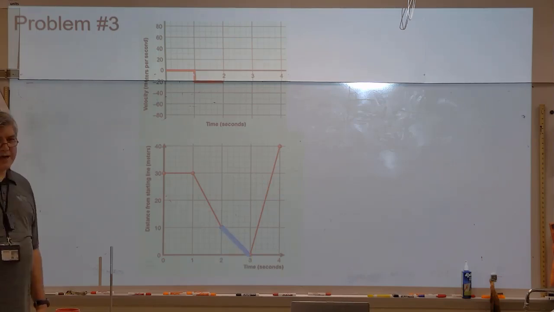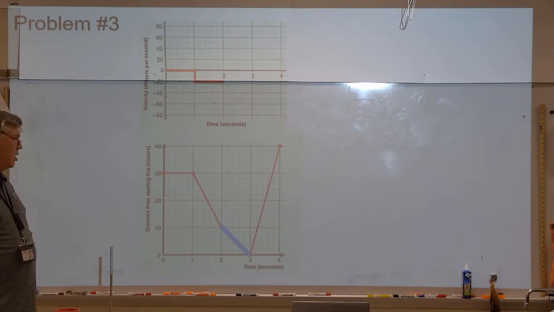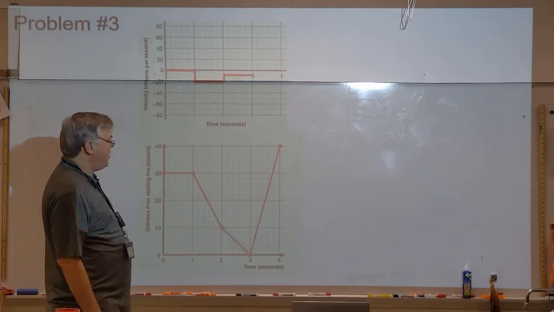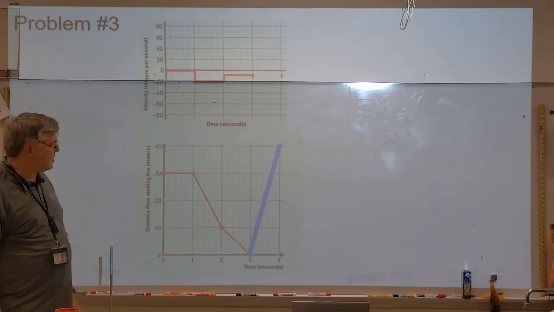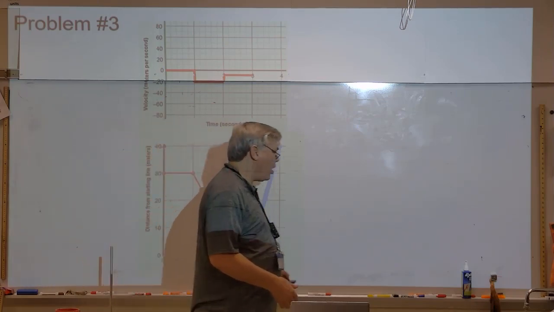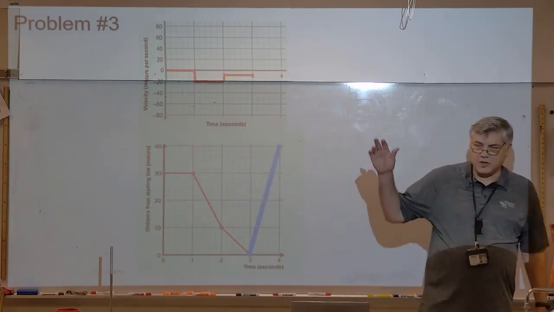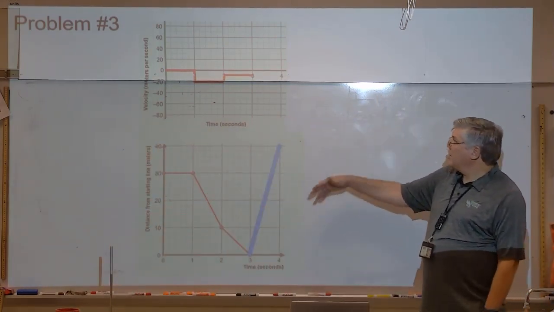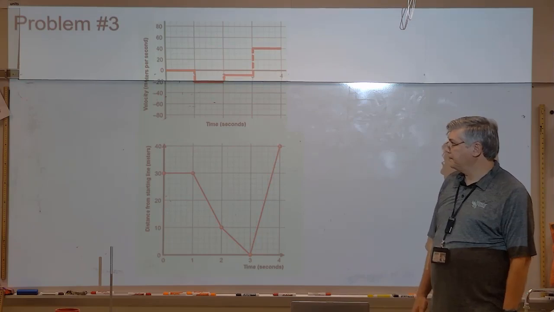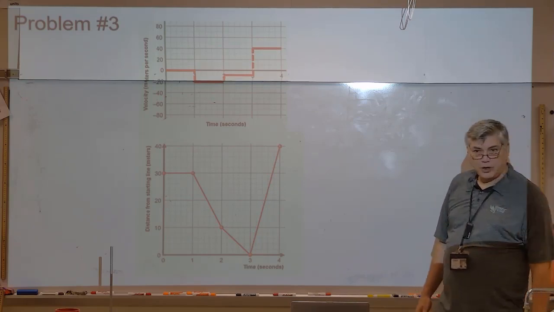Are we going backwards faster or slower than before? Slower. So it'll be a little closer to the 0 line. So there we are. And then the last one right there, which direction are we going, forward or back? Forward. And the difference is 40 meters minus 0 in 1 second, so we're way up there at 40 meters per second. Pretty good clip, moving fast.